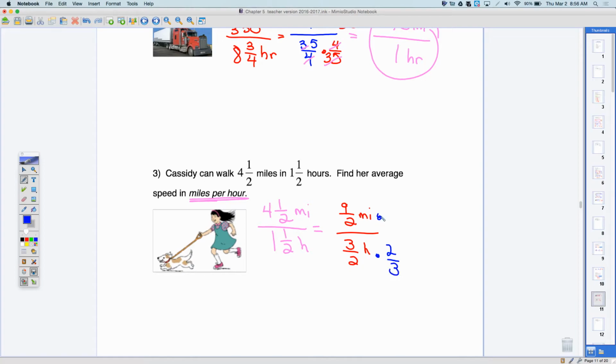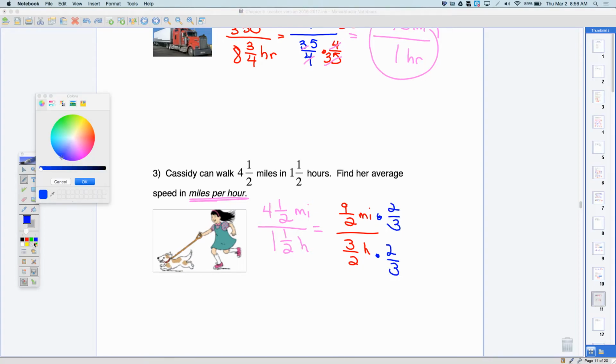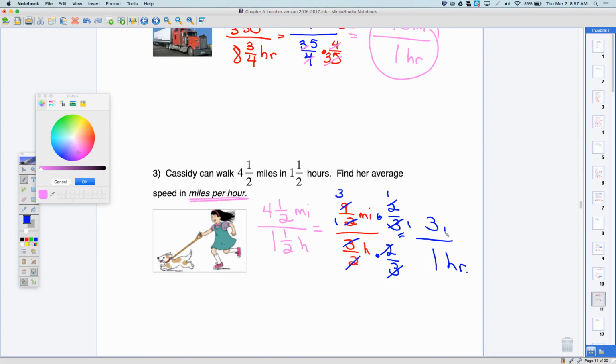Multiply the numerator and denominator by the reciprocal of the denominator. Cross-cancel everything in the denominator, so you're left with 1 hour. In your numerator, you can cross-cancel your 2's, and you can also cross-cancel your 3 with your 9, so you're left with 3 miles and 1 hour.